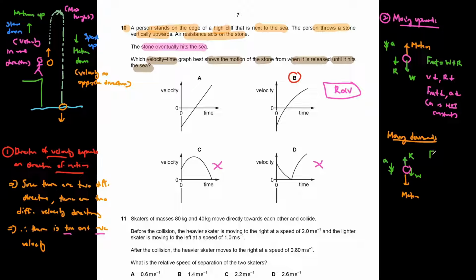If you apply the F net equation here, it will be W minus R. Now in your case, you know that as you move down, you will speed up. So your V increases, your R increases. When your R increases, again your F net drops, your acceleration drops. A again is not constant.